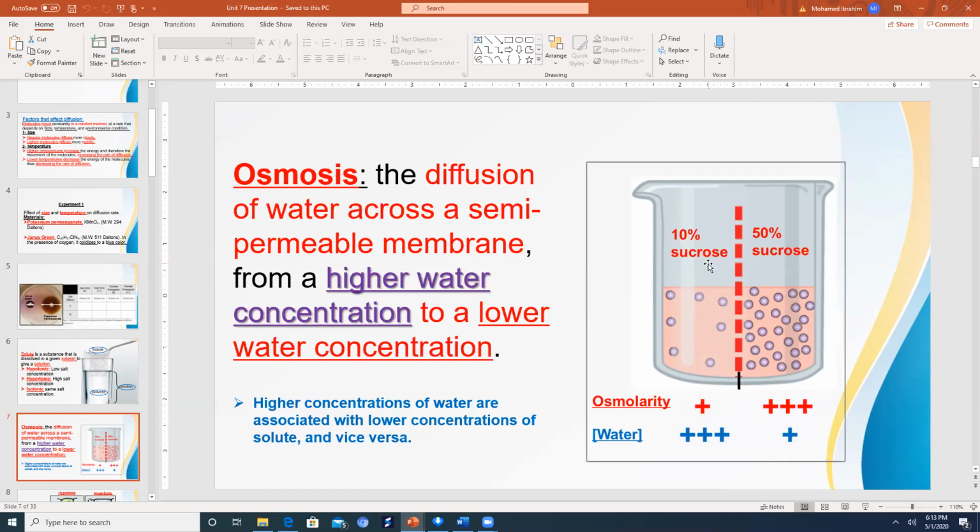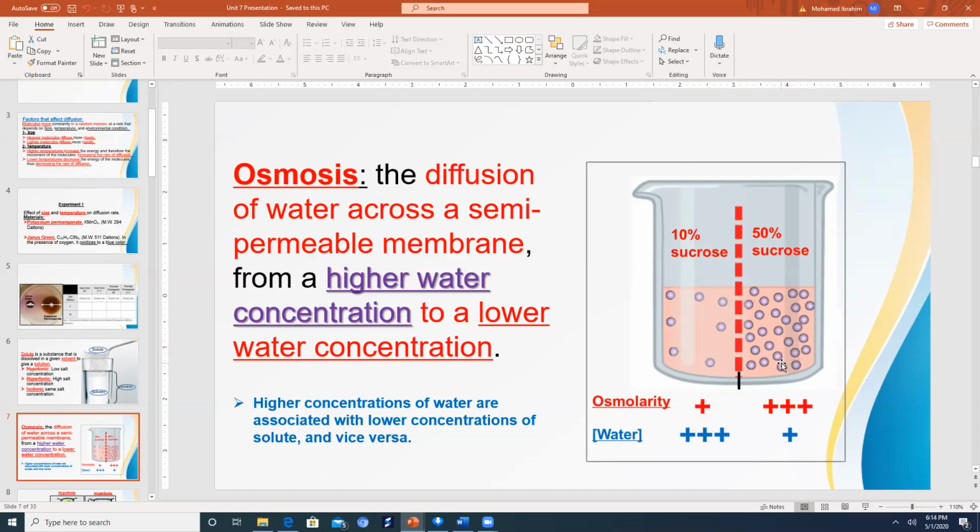Here, 10% sucrose means approximately 10 grams sucrose and 90 ml water. Here you have 50 grams sucrose and approximately 50 ml water. So which one has more water concentration? This one. So if I allow only water movement, water is going to move toward the high solute concentration.